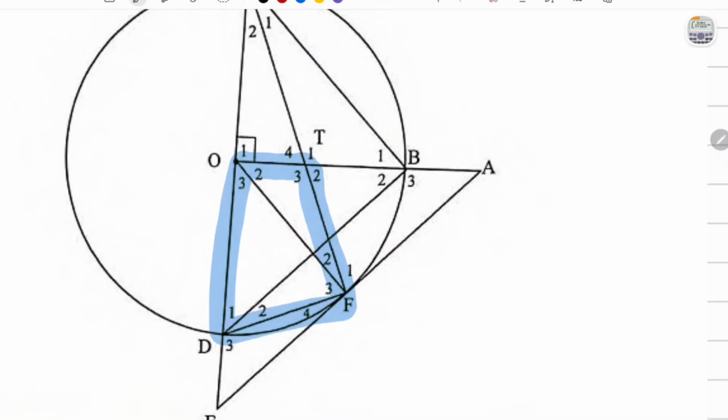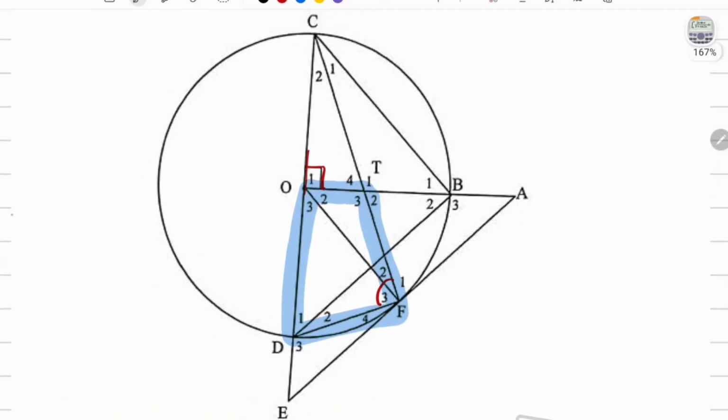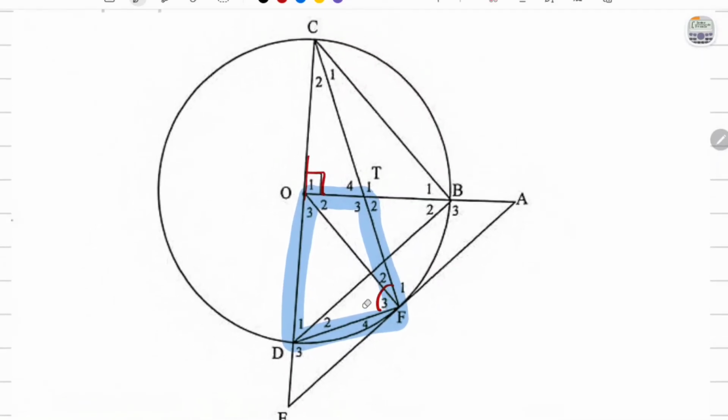Let's look at something else. I see this here. This is 90 degrees. This is the extended line of this quadrilateral, so that's an exterior angle, and it should be equal to the opposite interior angle. But that's fine. That's good.